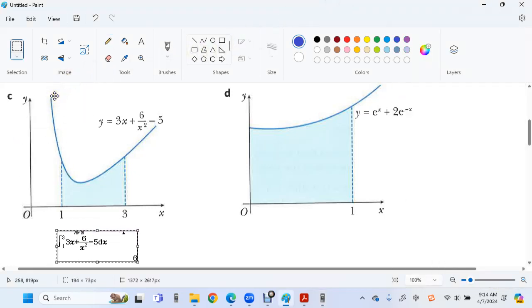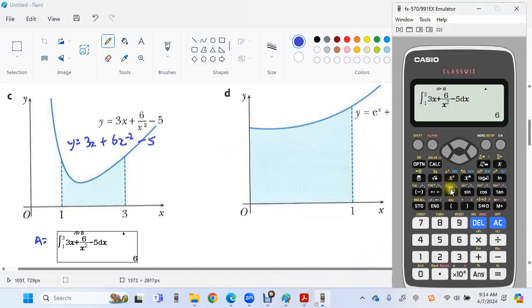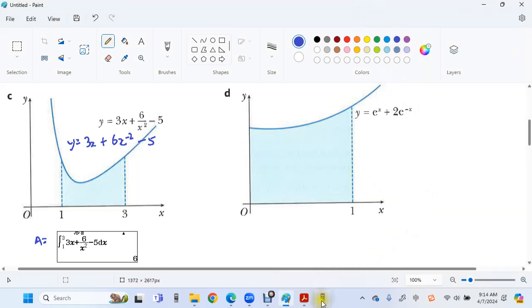If we do the integration manually, then this y is actually 3x plus 6x to the power negative 2 minus 5.